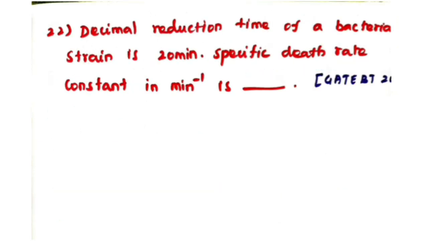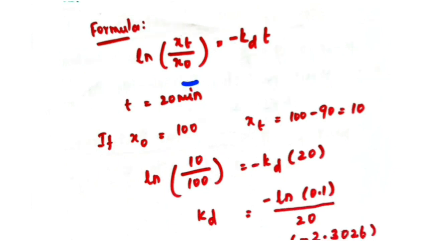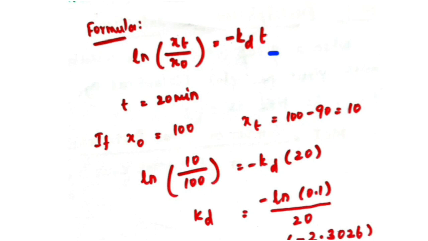So the specific death rate constant can be calculated by using this formula: ln of xt divided by x naught is equal to minus kd into t. X naught is the initial population and xt is the number of population at time t, kd is the specific death rate and t is time.